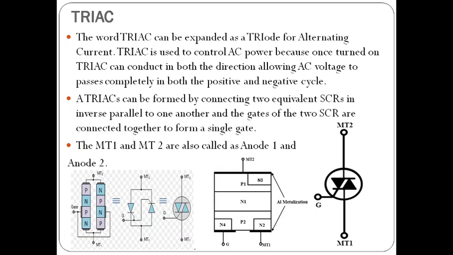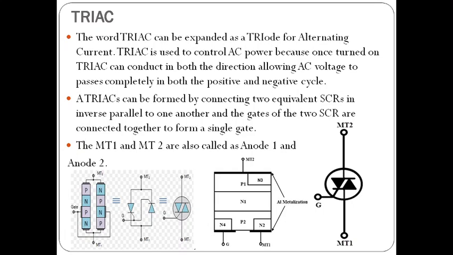It is also like silicon control rectifier device. This triac is used to control the AC power, and it is a bidirectional switch because this triac can conduct in both the directions.